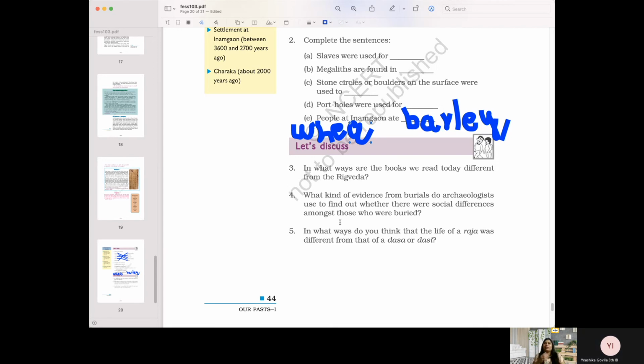So yes, even the Vishwamitra calling the sisters and the rivers, right? So let's understand it this way. The Rig Veda had everything in the form of hymns. Right now, students, maybe you love to read, you love to study, but not every child does that, right?